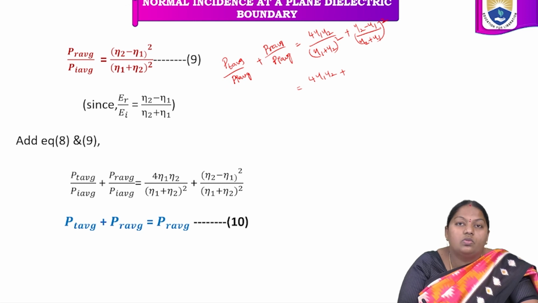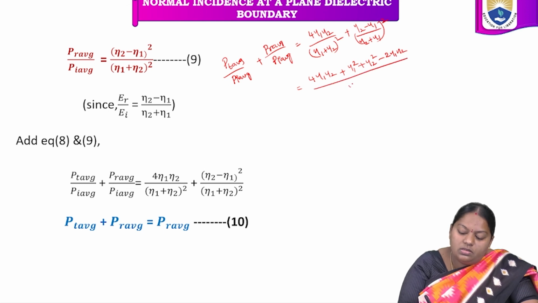Okay, so to simplify this, we have 4 eta 1 eta 2 plus this in the numerator. Eta 2 minus eta 1 whole square means we can use the a minus b whole square formula, then eta 1 square plus eta 2 square minus 2 eta 1 eta 2. The denominators are the same, so eta 1 plus eta 2 whole square. Okay, so 4 eta 1 eta 2 and minus 2 eta 1 eta 2 gets cancelled.